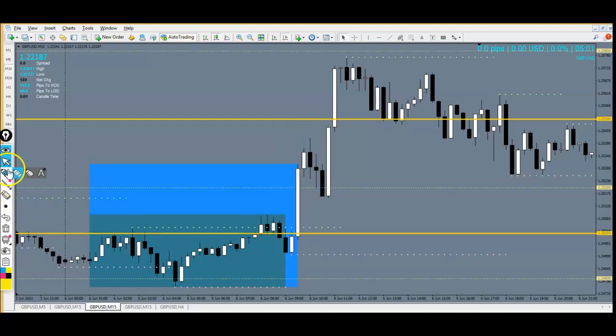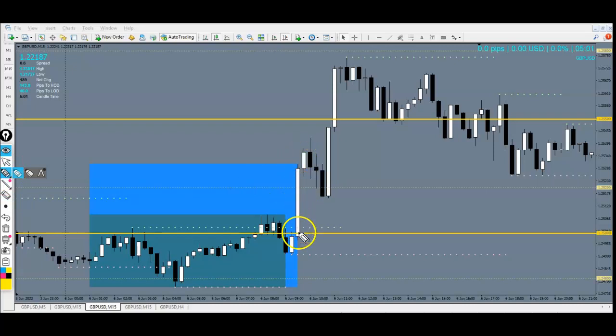The other thing we can also say is that there was a strong break of this previous high here, and it closed above, really close to the high. So with those tools that we have, what do we expect?